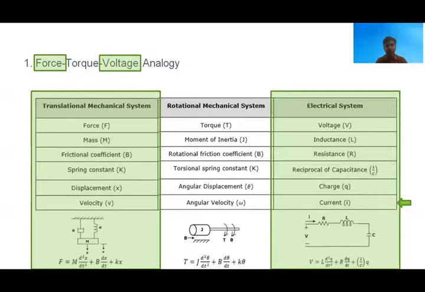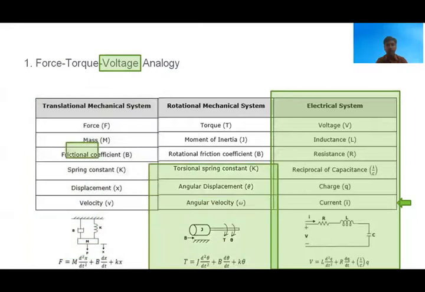Here the current is constant in all the components which are connected in series in electrical circuits. Similarly, the velocity acting on all the components connected in the mechanical translational system should be the same. Therefore, the velocity of the translational system is analogous to the current passing through the series RLC circuit here.